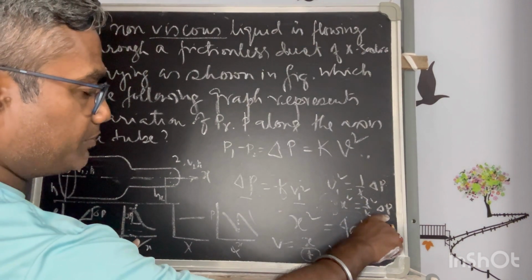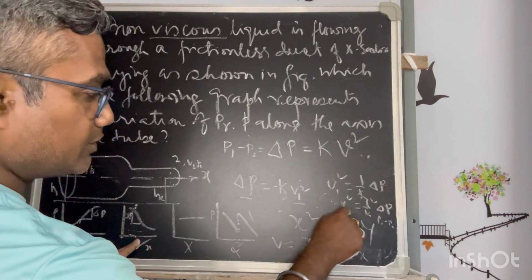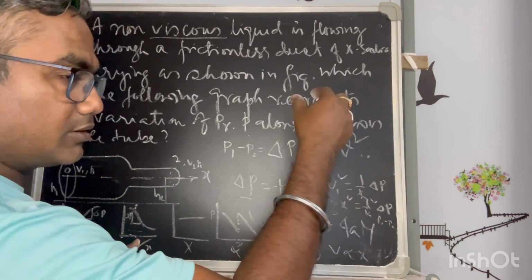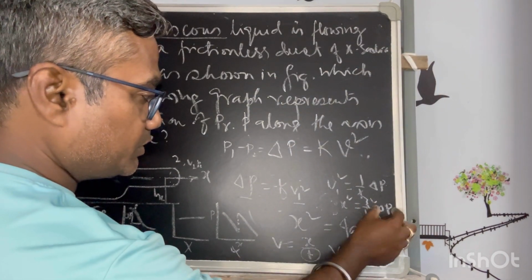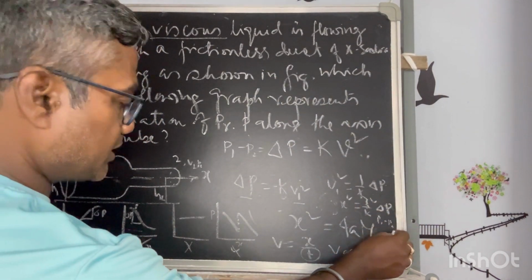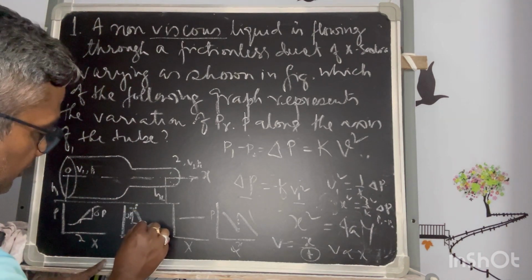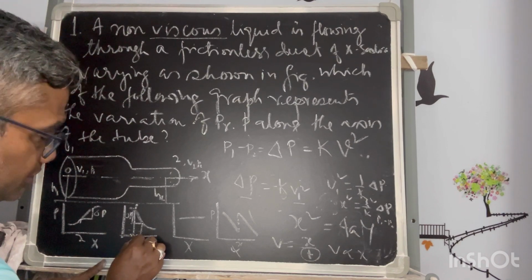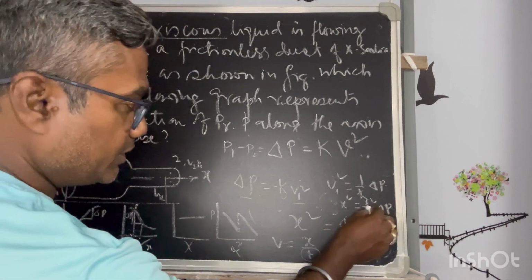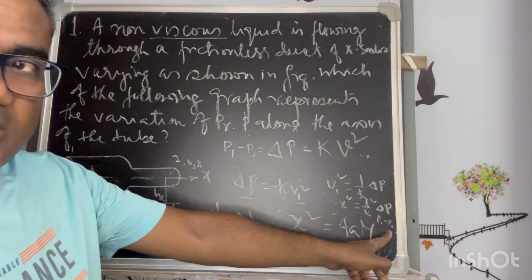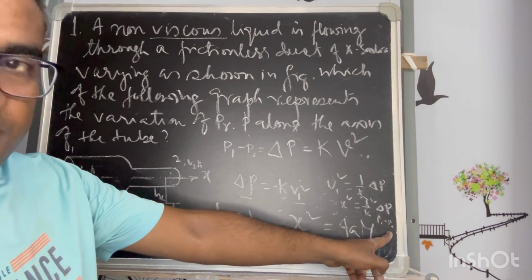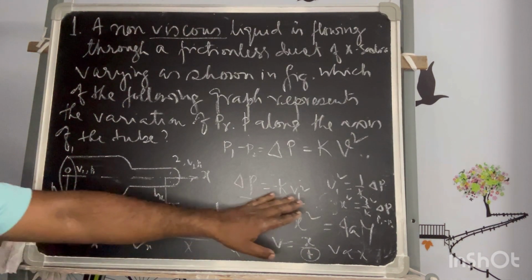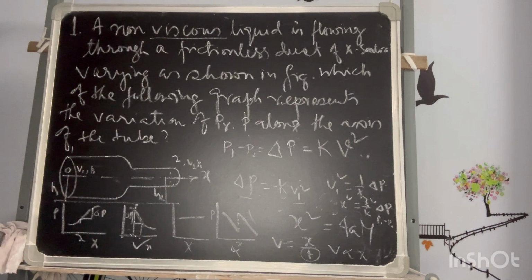As delta p is p1 minus p2, which is positive, p1 is higher than p2. Due to the change in x, p is reducing, so p1 is always higher than p2. This is the graph that will satisfy this situation. Understand? Okay.